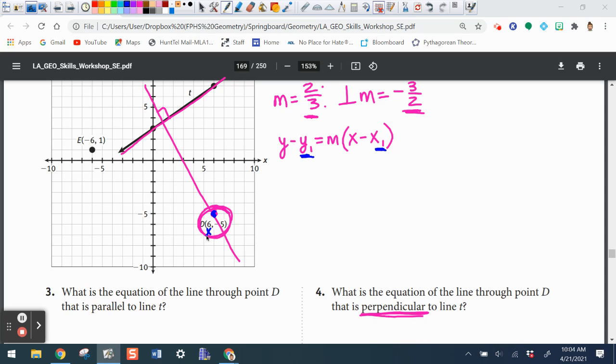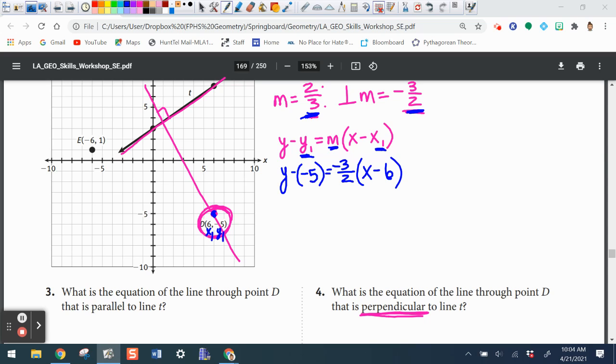So 6 will be x1, negative 5 will be y1. So y minus negative 5, and the only change here is we're not going to use the original slope, 2/3. We're going to use our perpendicular slope, negative 3/2. So for m, we substitute negative 3/2, parentheses, x minus 6.